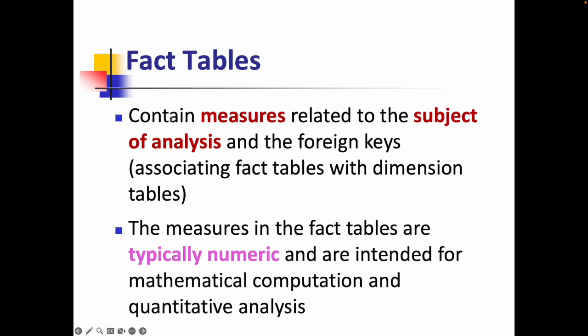So fact tables contain measures related to the subject of analysis and the foreign keys associating fact tables with dimension tables. The same way that we connected tables in ER modeling using foreign keys, here we connect tables using foreign keys too. The only difference is that it's much simpler now.